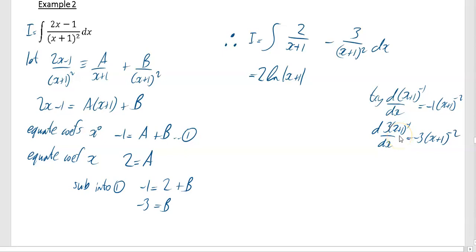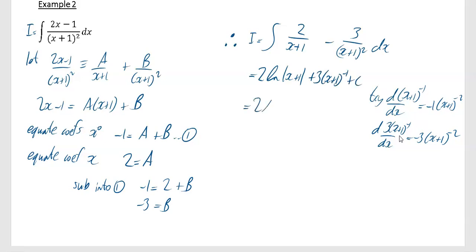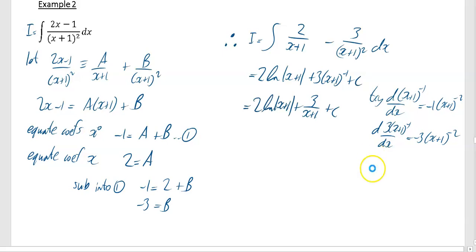So it's just going to be plus 3 times x plus 1 to the minus 1 plus my constant of integration. Okay, tidy up just one last thing. I don't like that power being the way it is, so I'm just going to write 2 times ln of x plus 1 plus 3 over x plus 1 plus my constant of integration. Just put this in a wee circle to show that's separated, and that's it.